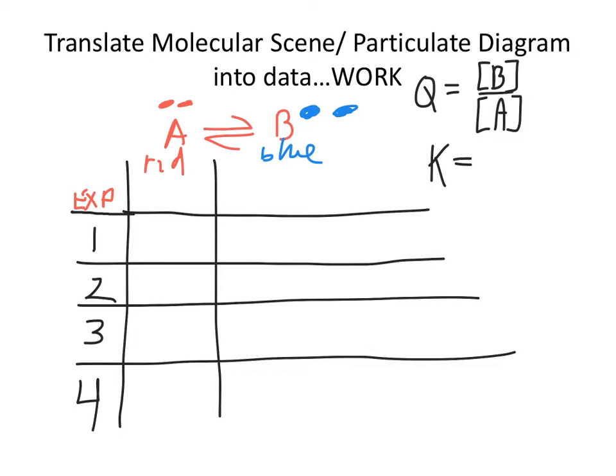So the equilibrium concentrations will allow us to calculate K, the equilibrium constant. So at equilibrium, they said that the concentration of B is 1.2 times 10 to the minus 4.